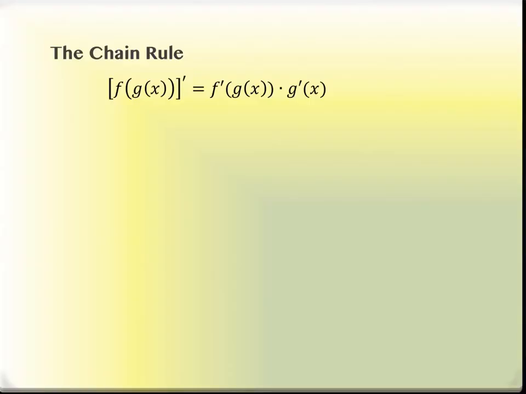So what you see in the chain rule is this left-hand side, before you take the derivative, is that composite function notation. G is inside of F, and then we have the derivative outside of all of it.